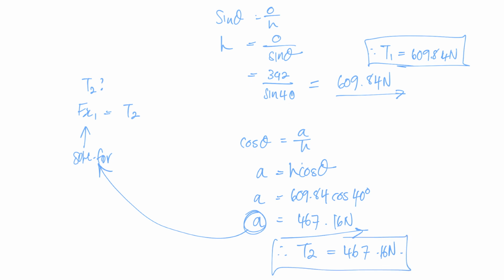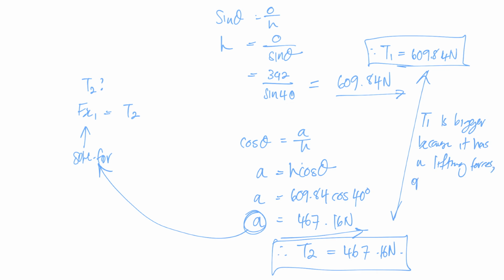So now I've got my two answers, and you'll notice that they can ask you a question and say, comment on the difference in the magnitude of the two forces. You can say that T1 is bigger because it has a lifting force, and lifting forces are in the opposite direction to gravity.